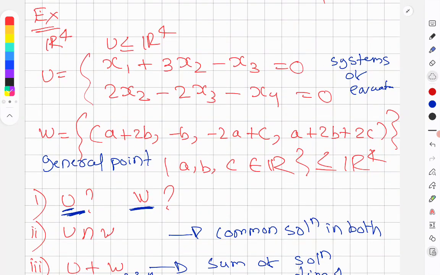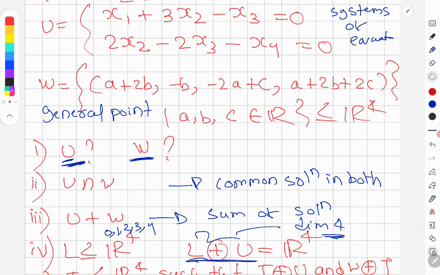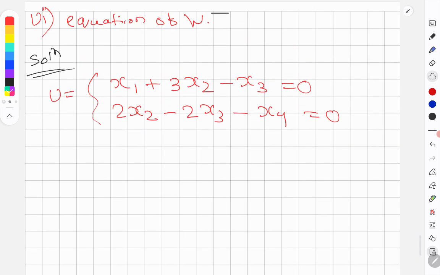So you have the equations for U, and your idea is to find U. How to do it? You do the echelon form. You write in the echelon form as 1, 3, minus 1.